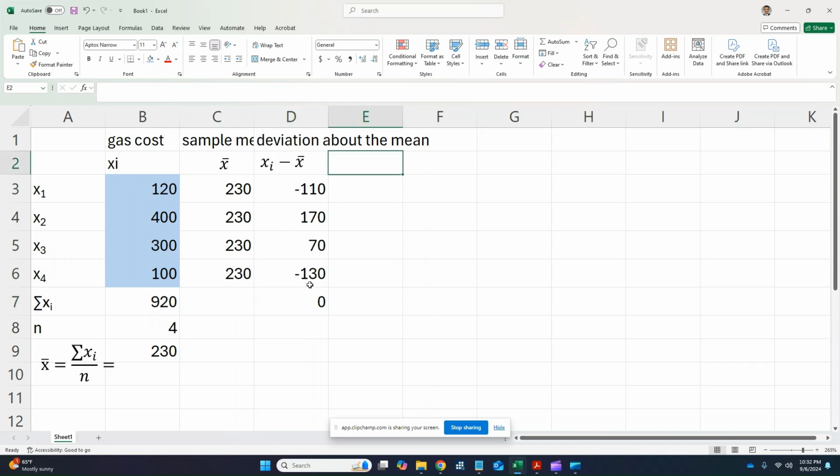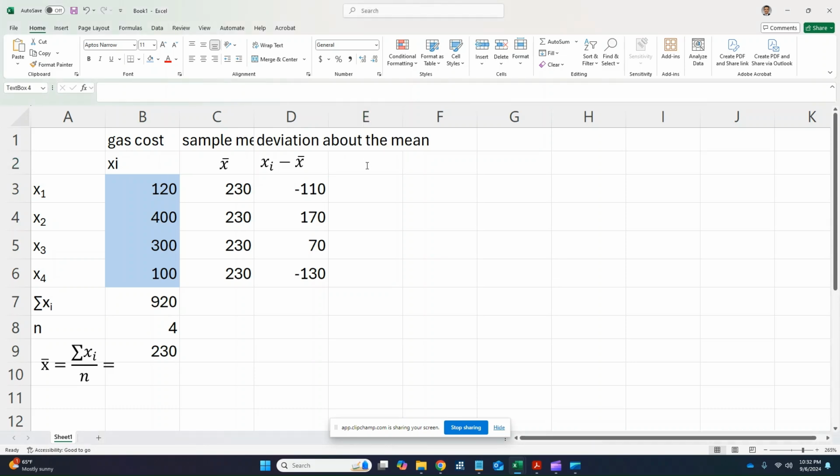Since this is zero, we don't get any standard measure for the deviations. So let's try a different way. Let's get rid of these negative numbers by first squaring the deviations about the mean.